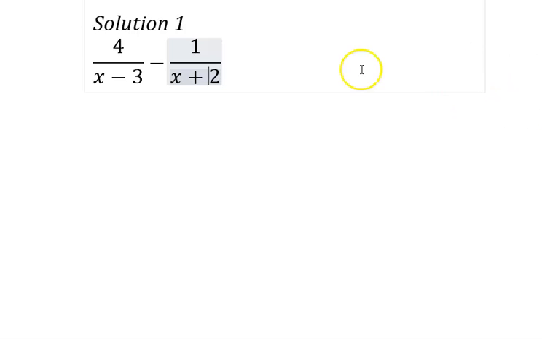Like we have here, this is 4 over x minus 3 minus 1 over x plus 2. So, let's see how we can work with the LCM.